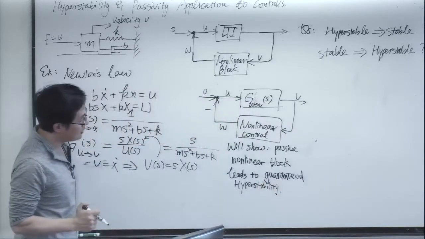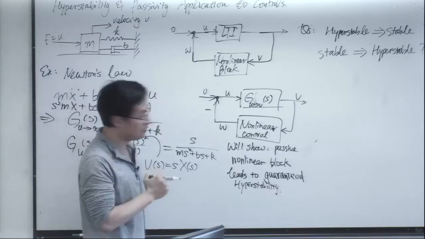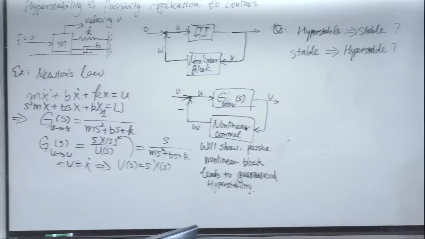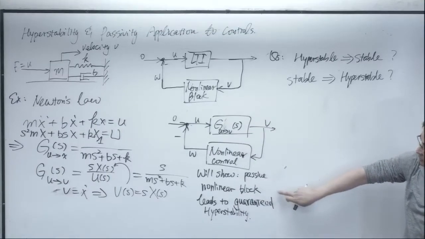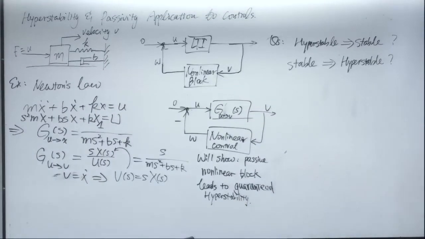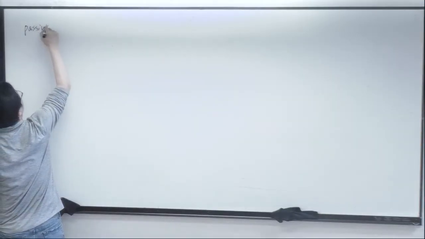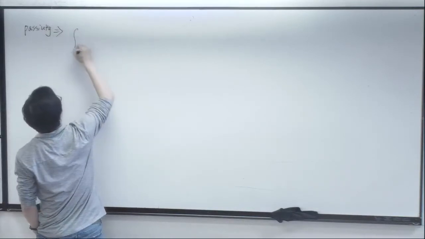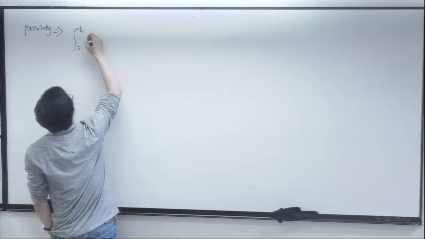These two guarantee hyperstability as long as it's passive. So let's put this into mathematical terms first. Passivity will imply we satisfy this Popov inequality.